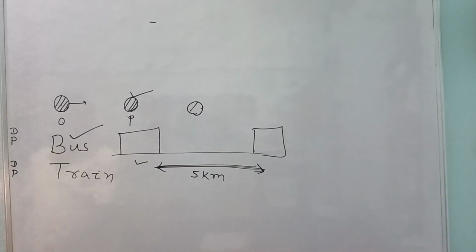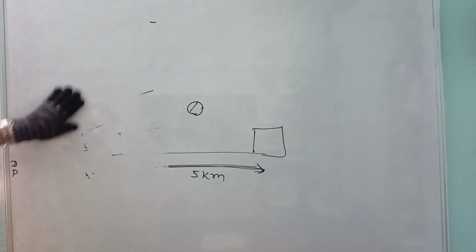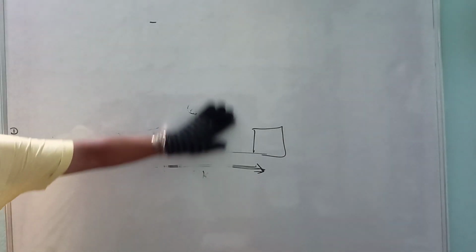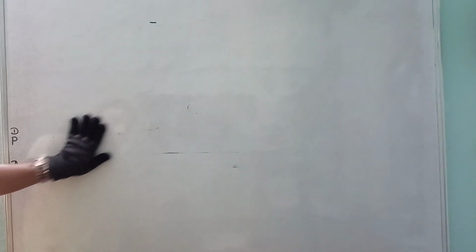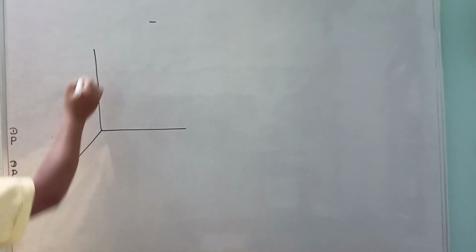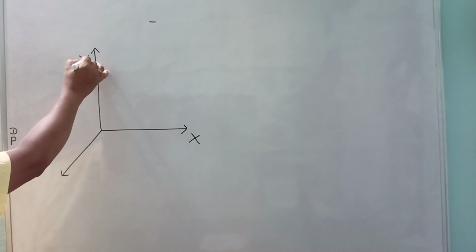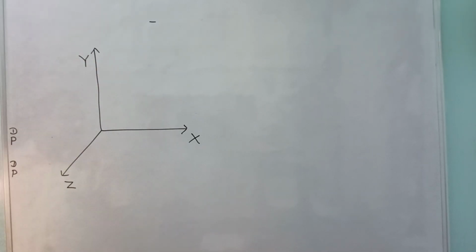You know, rectangular axes are what? What are the rectangular axes, students? I consider this. Suppose this is your 3 axes: X axis, Y axis, Z axis. 3 rectangular axes means angle between XY is 90 degree.